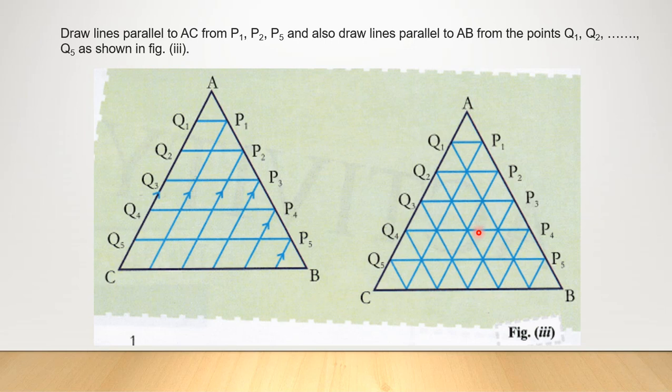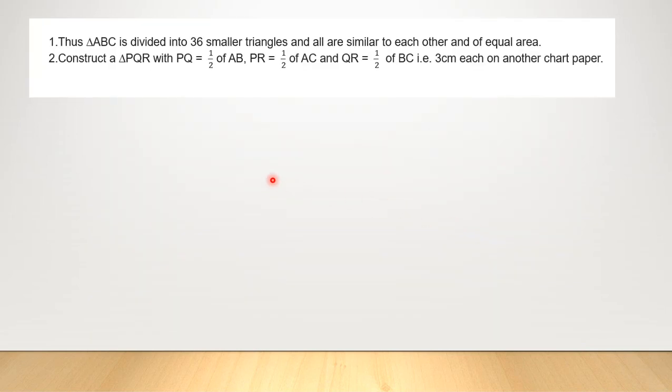Now let's consider one more triangle PQR where the side of the triangle PQR is half of the previous triangle ABC.